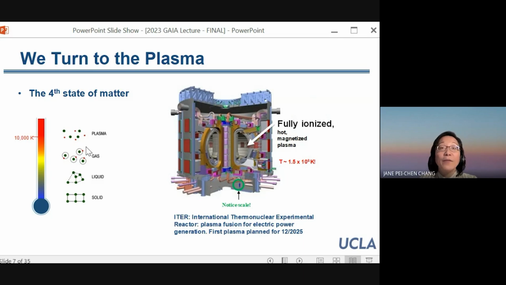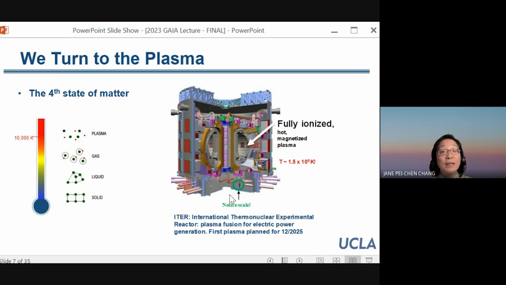We have built large plasma devices. For example, this particular unit I'm showing here is the ITER, International Thermonuclear Experimental Reactor. And this is for a plasma fusion experiment that is planned to run its first experiment in 2025. This date might be changed slightly due to the pandemic, but this is where some of the very large scale reactor has been made by people.